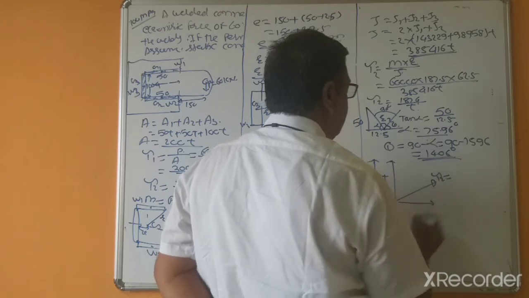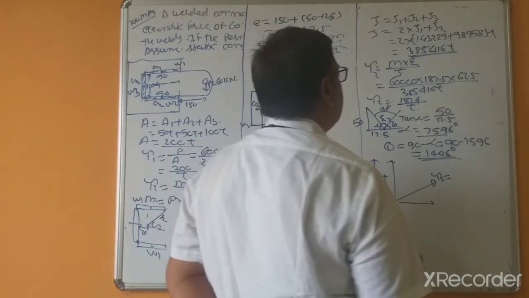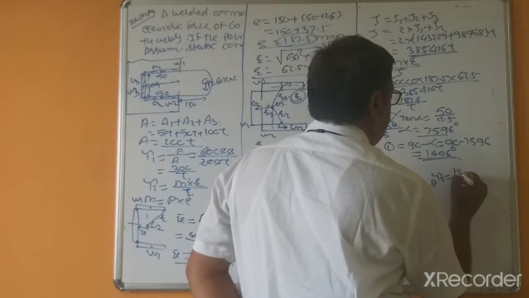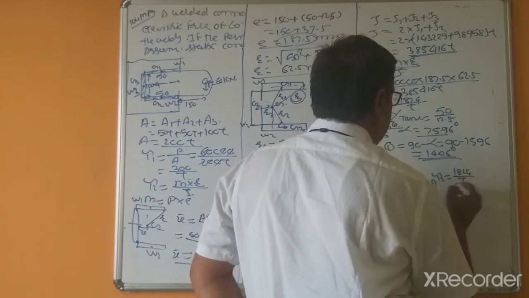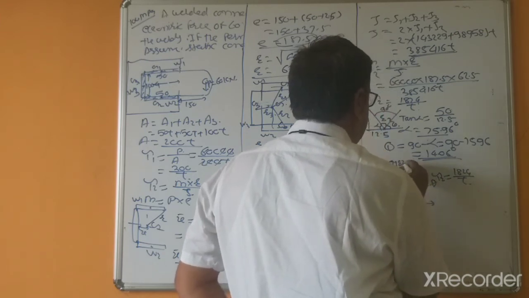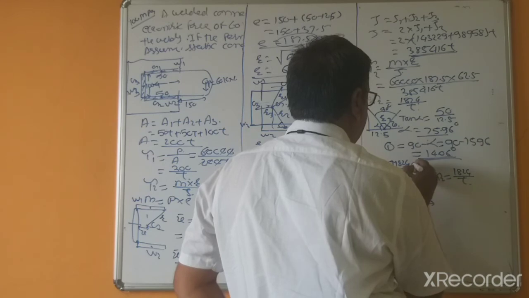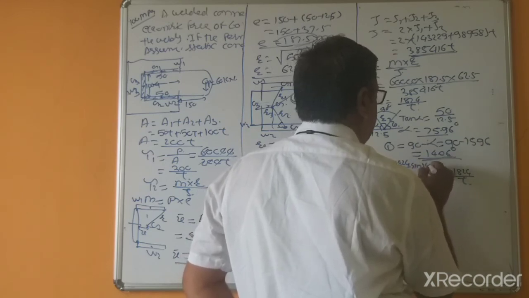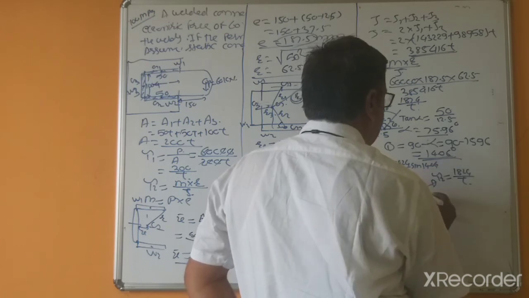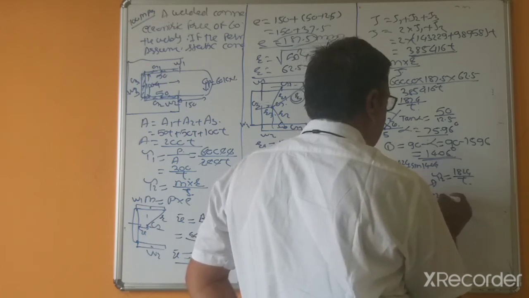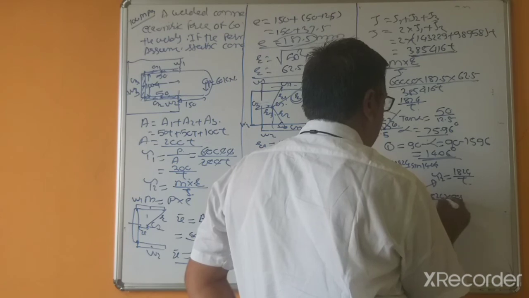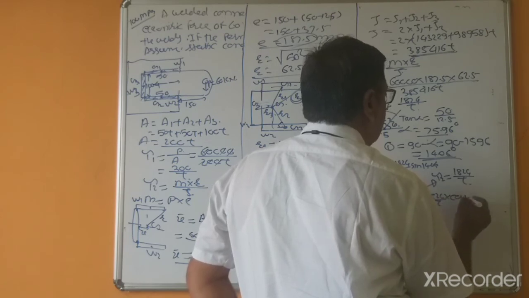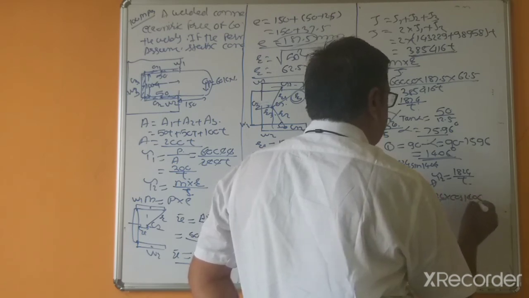This is tau 2 equal to 1824 divided by T, multiplied by sine 14.06 and cos 14.06.